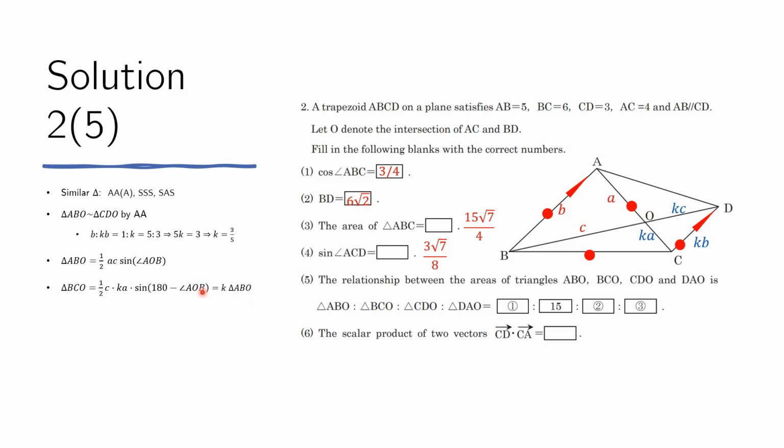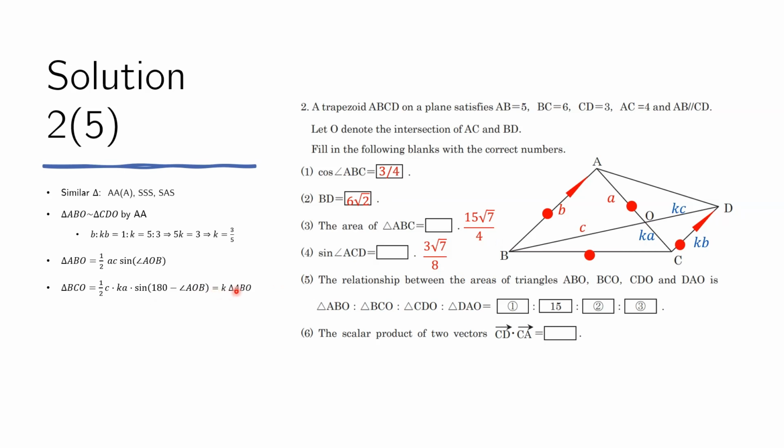And if you have 180 minus the angle, the sine of that is just the same as the sine of the angle itself. Again, this will be clear if you draw the unit circle and convince yourself that sine is just the vertical component of your unit radius.